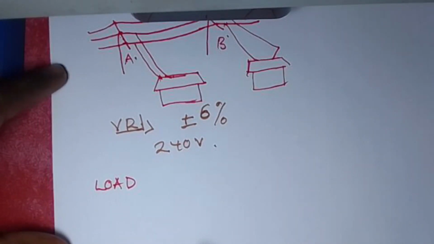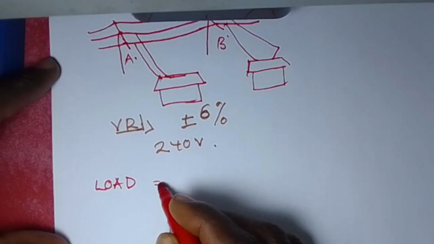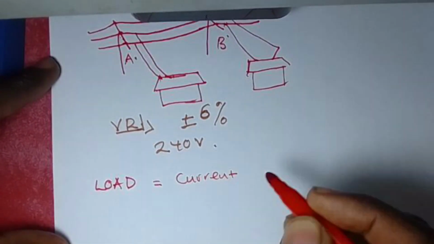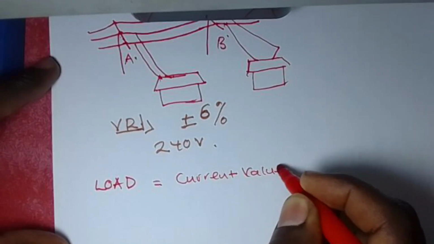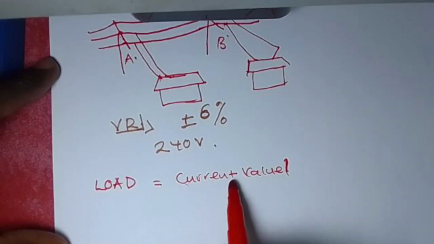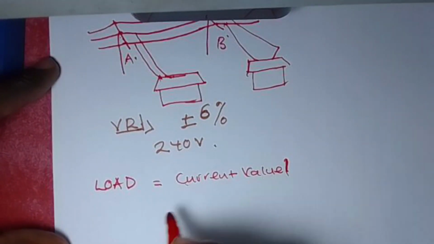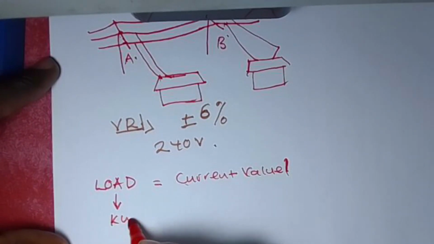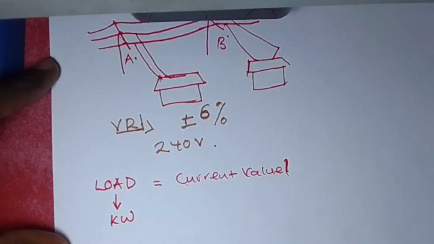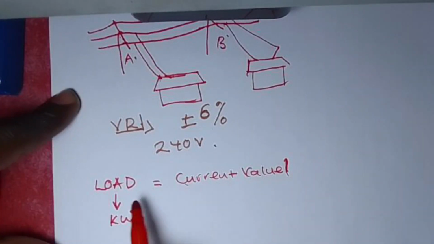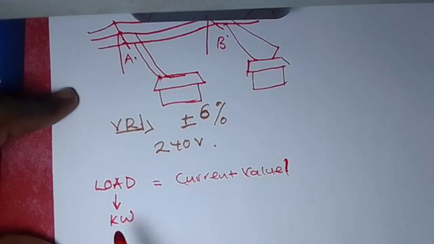The load at any point, we shall measure in terms of current value. We shall always measure the load in terms of current, simply because we always know that the load is measured in kilowatts, maybe a 10 kilowatt motor, a 5 kilowatt household, all that. But when it comes to power here, we shall always be referring to it.